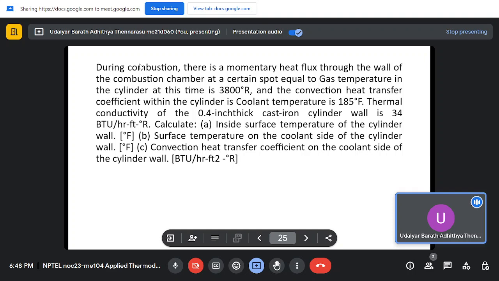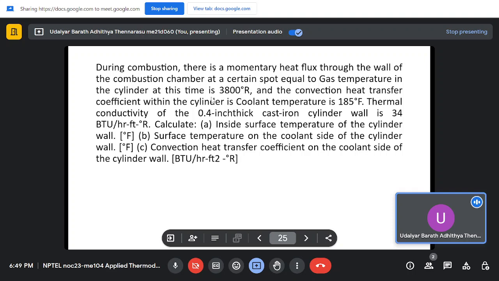So moving on, the next question is: during combustion there is a momentary heat flux through the wall of the combustion chamber at a certain spot. The gas temperature in the cylinder at this time is 3800 degree Rankine.